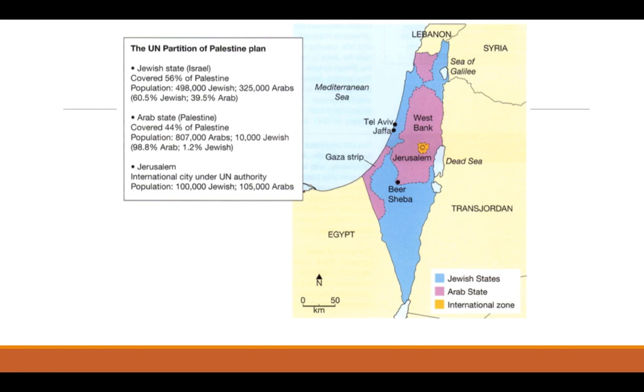So the ratio in Israel was 60% Jewish versus 40% Arabic population. And on the Palestinian side, it's 98.8%, almost 99% Arabic population, and just 1.2% Jewish population.